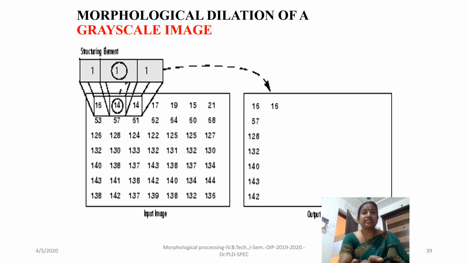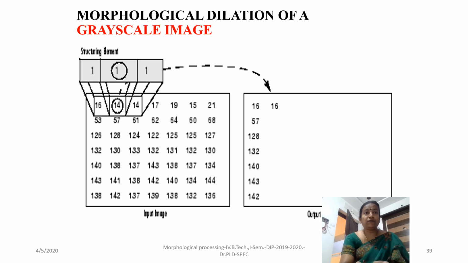And this one is a grayscale image. A grayscale image won't consist of zeros and ones. It consists of 0 to 255 gray levels, 2 power 8, that is, the depth of the pixel is 8 bits. In that case, 0 to 255 gray levels are there. Suppose 111 is the structuring element. Here 16, 14, 14 are the pixel values of the original image.